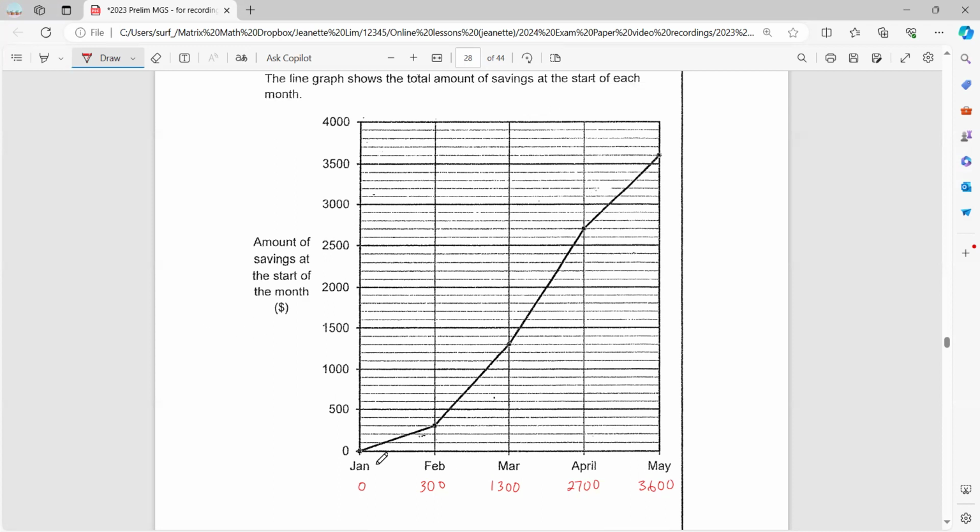So the amount is accumulative. So by the end of May, that's actually how much he saved over the last few months.